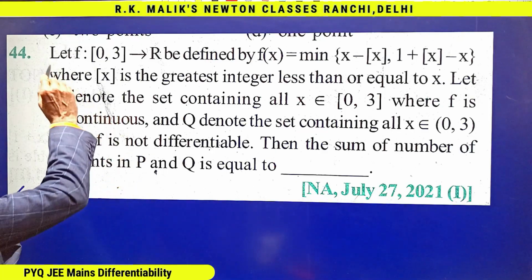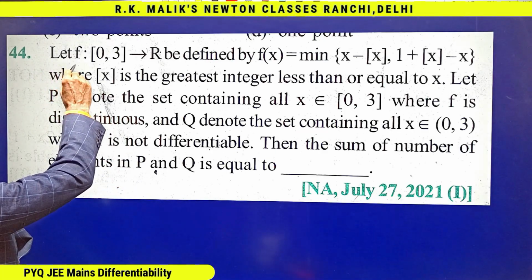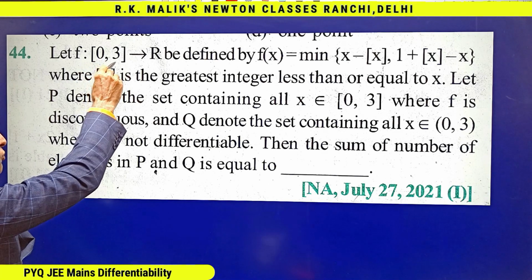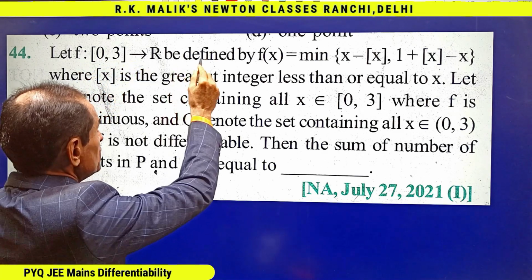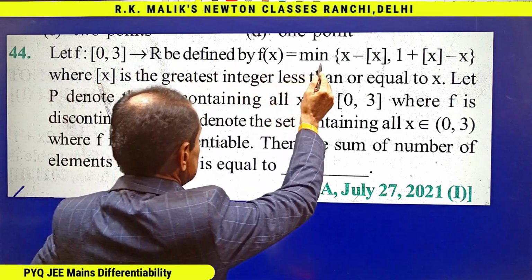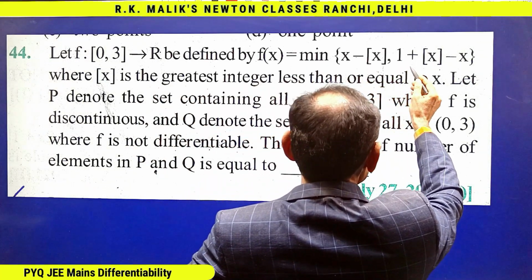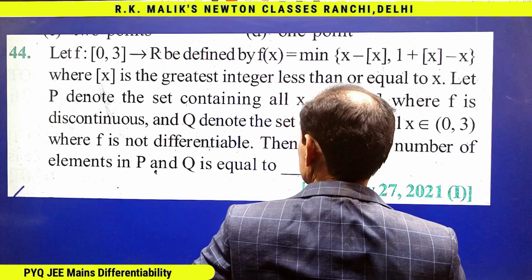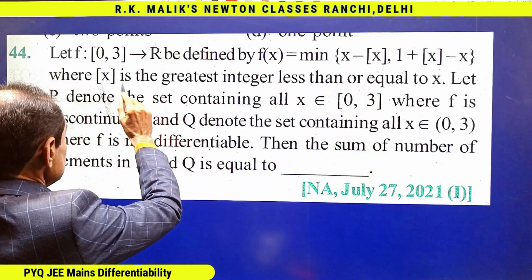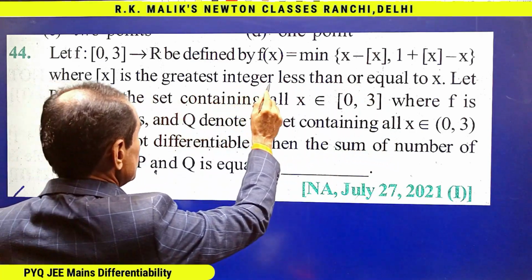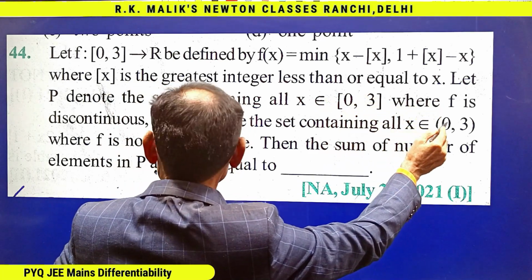In this question, it is given that f takes the closed interval 0 to 3 to R, defined by f(x) is equal to the minimum of x minus [x] and 1 plus [x] minus x, where [x] is the greatest integer less than or equal to x.